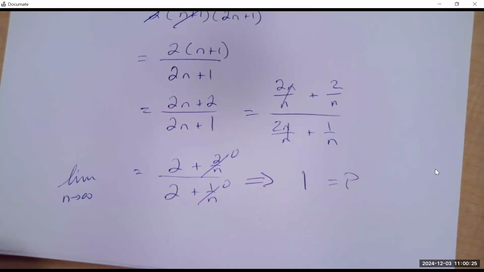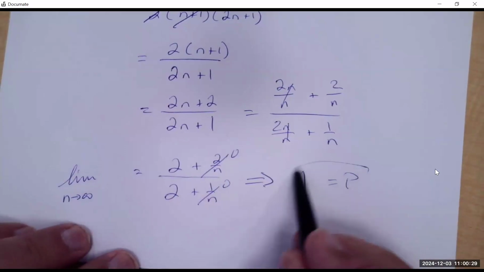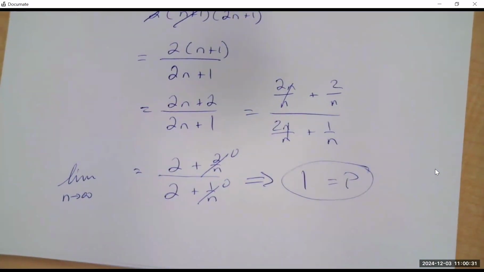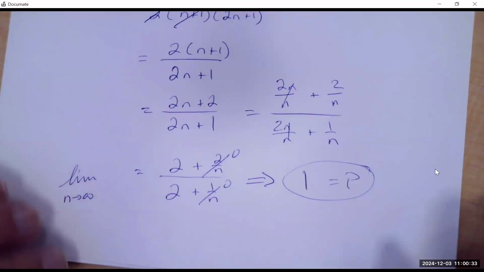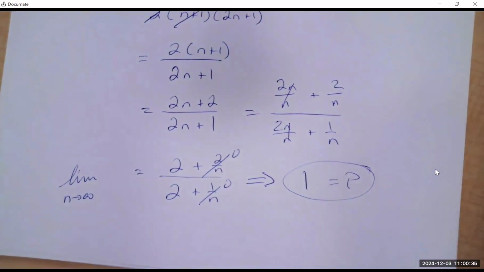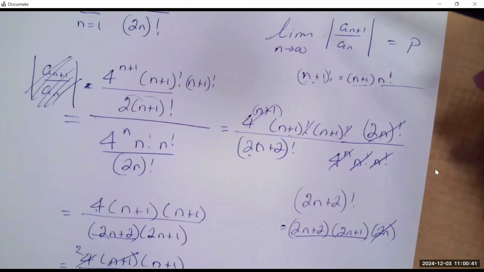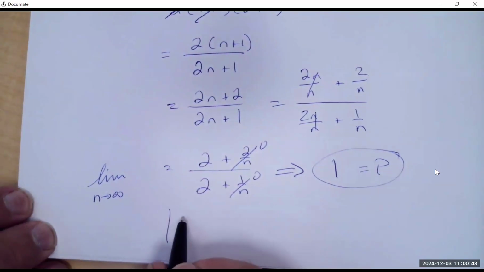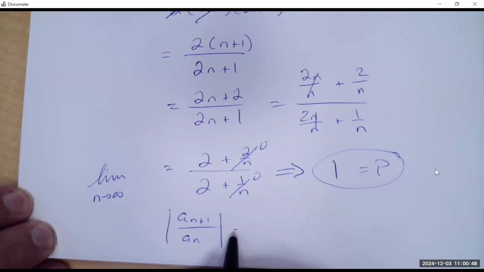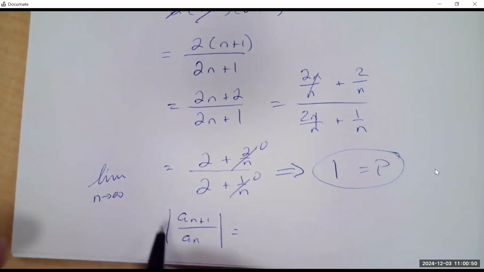So what can we say about this ratio? All this tells us is the ratio test can't be used. But do we notice anything else about the sequence? What do we notice about this? Because that's our summation.